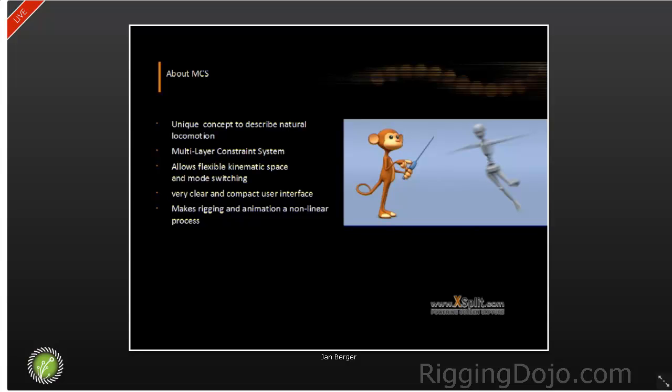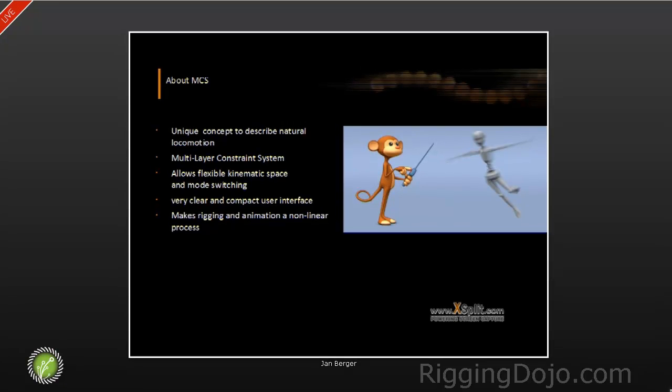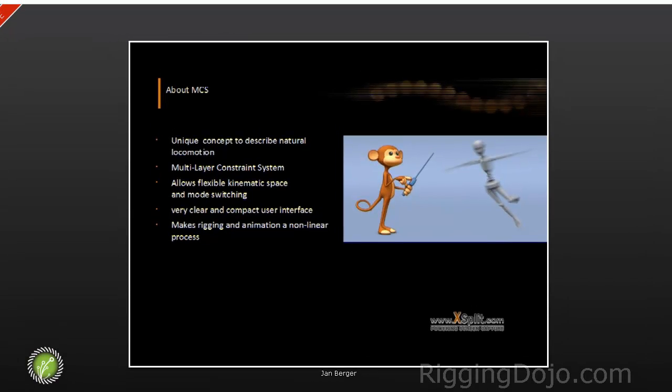MCS features a multi-layer constraint system. That is something I will get a little bit more specific about in a minute. It allows flexible kinematic space and mode switching. Space switching, I guess everybody knows what that is: sort of parenting stuff in different ways. And mode switching means you can switch between inverse kinematics and forward kinematics, and other modes.